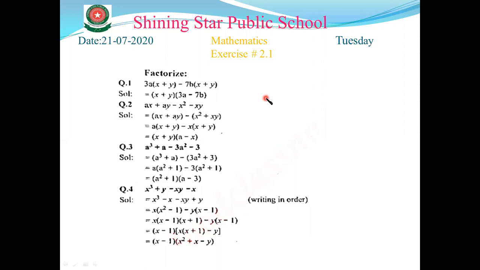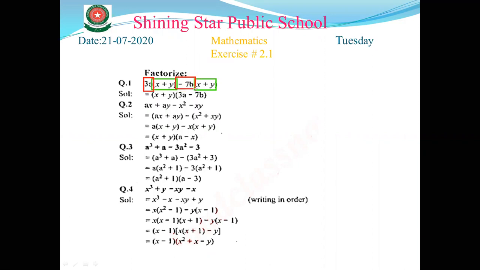3a into x plus y minus 7b into x plus y. Simply, in these types of questions we only take the common x plus y. When we take the common x plus y from these two terms, we are left with 3a and here minus 7b.